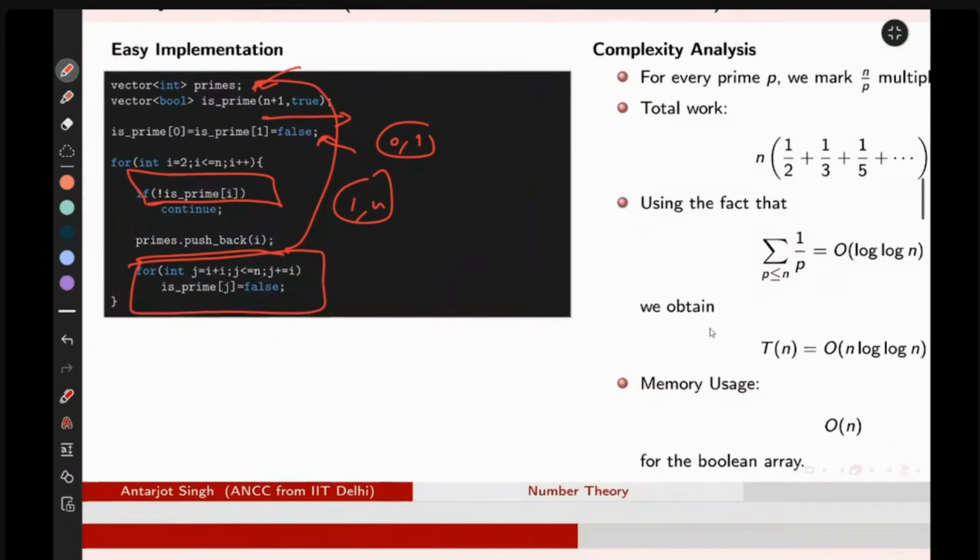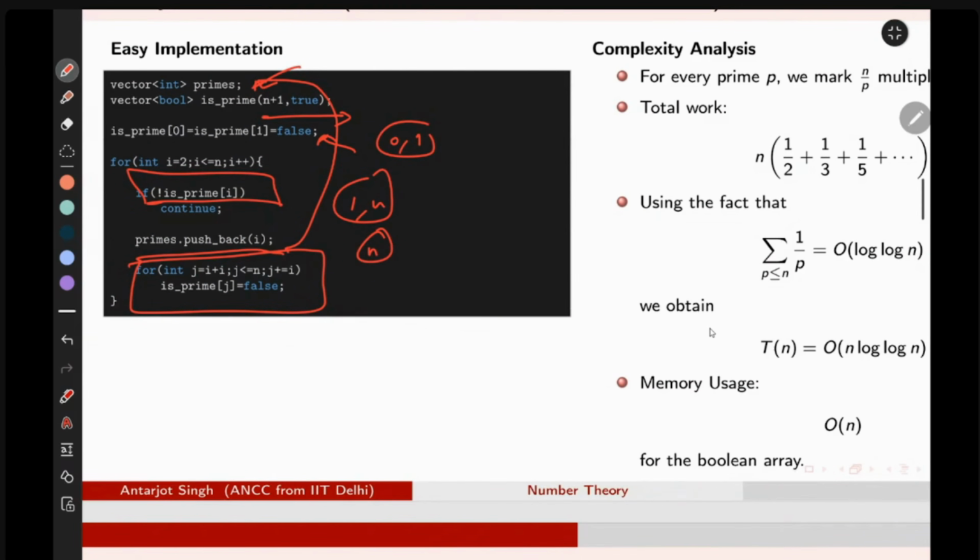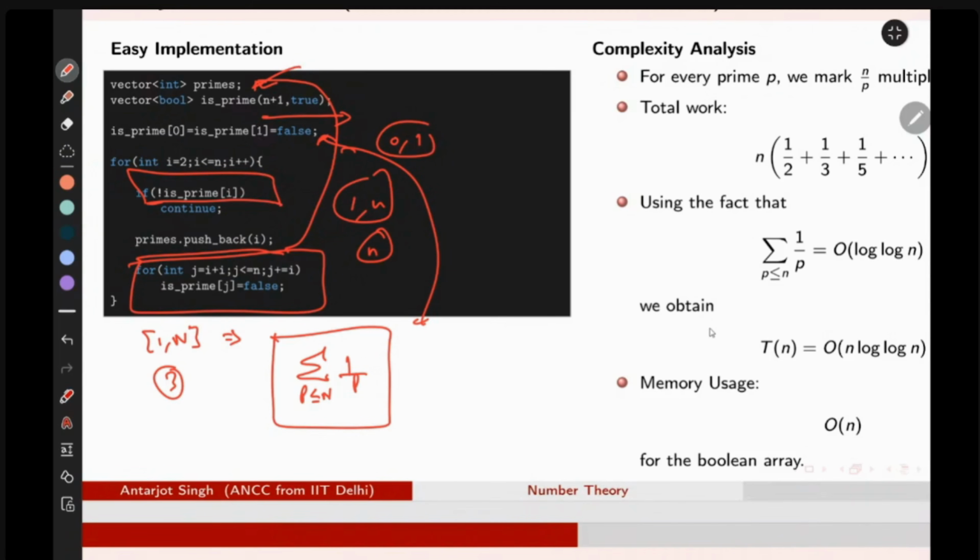So we have number n. How many multiples of 2 are there till n? There are obviously n by 2 multiples, and for 3 there are n by 3 multiples. So you have the sum over p less than or equal to n of 1 by p. This is the total amount of work your loops are doing, right?